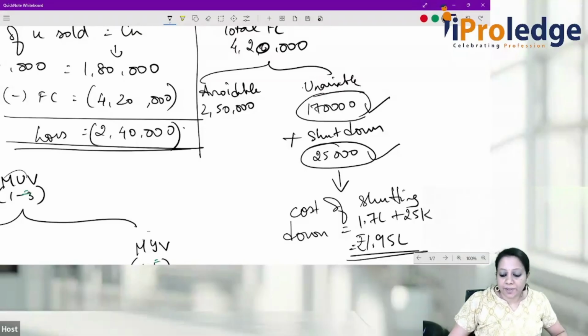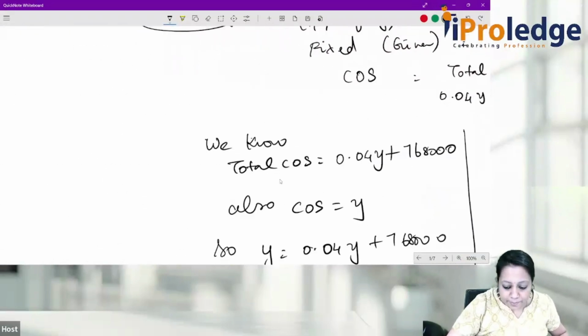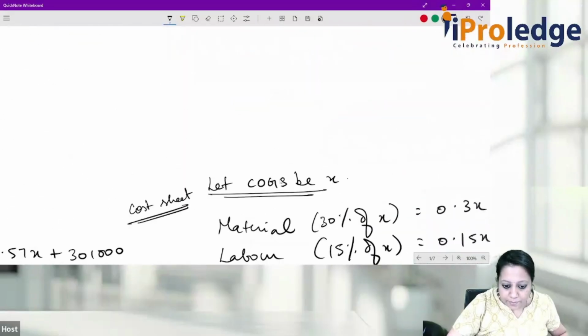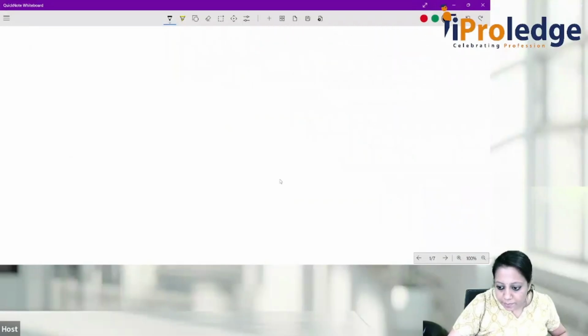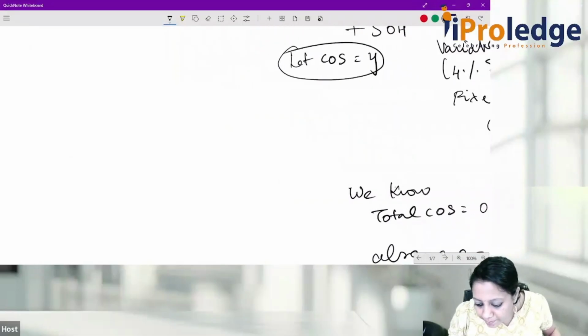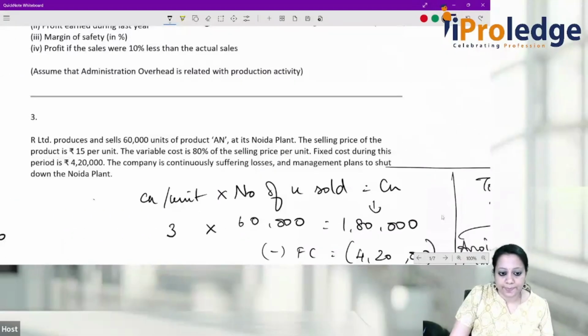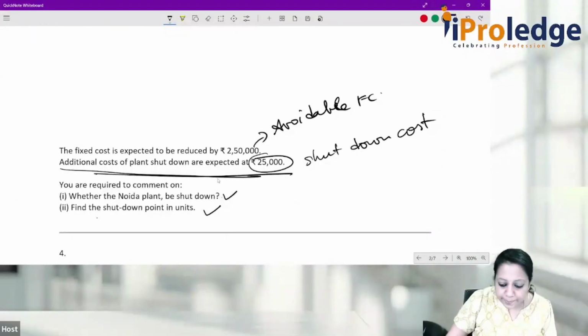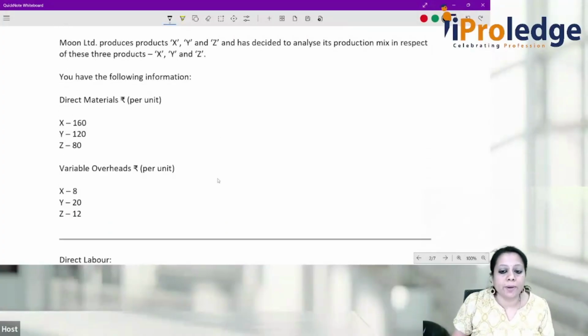Next question is on limiting factor. Shall we proceed, students? Moon Limited produces these three products and has decided to analyze the production mix in respect of these three products.